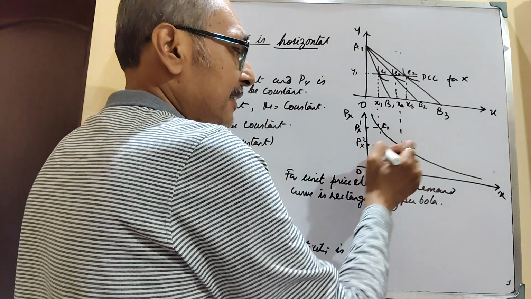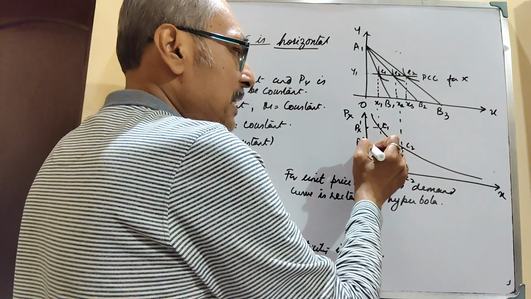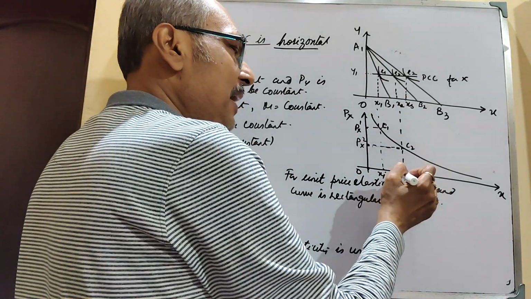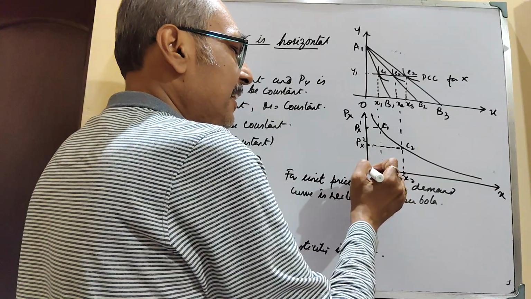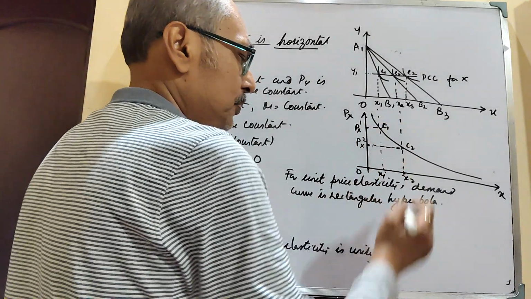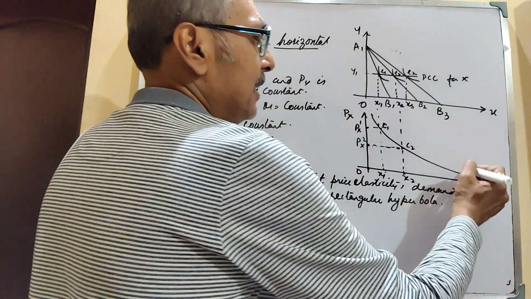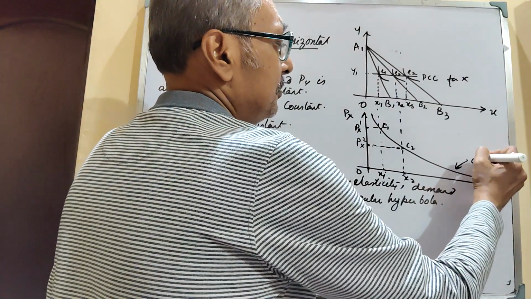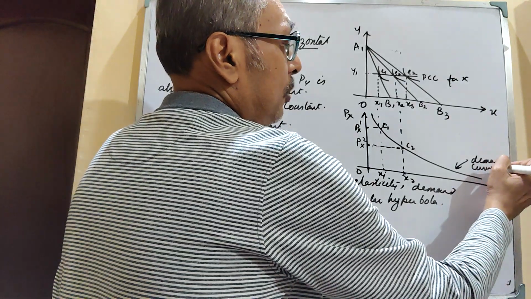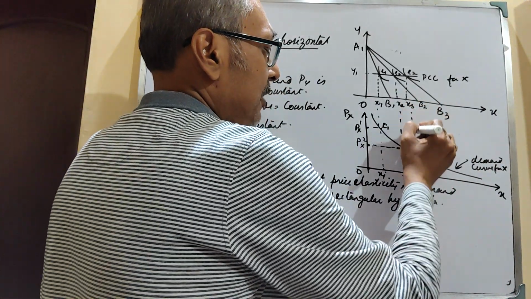This rectangle, that is OPX2, C2, X2, has the same area as the rectangle OPX1, C1, X1. Rectangular hyperbola. This is the demand curve for X. Now I am drawing another.